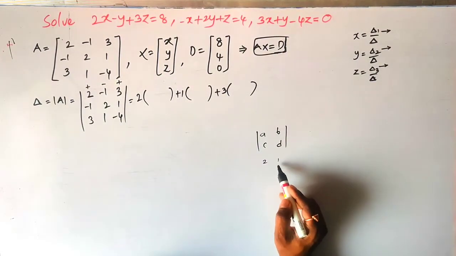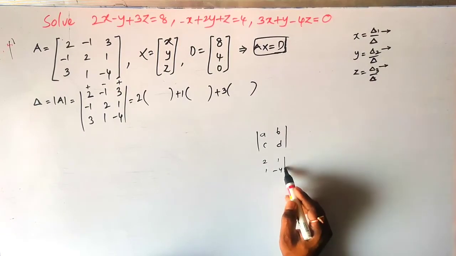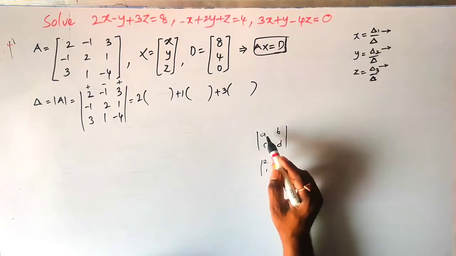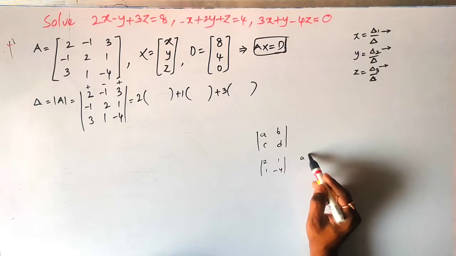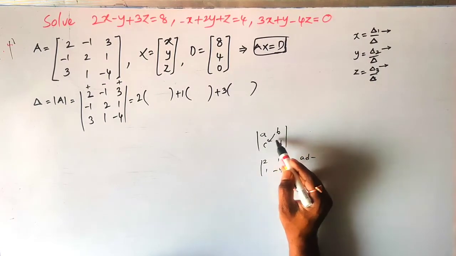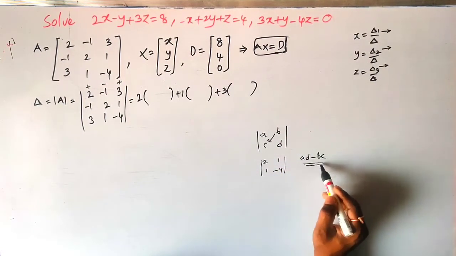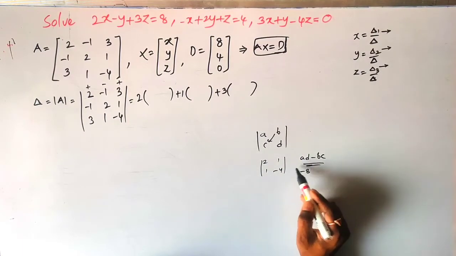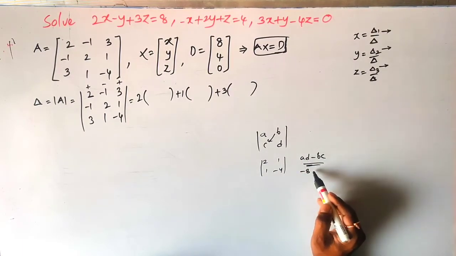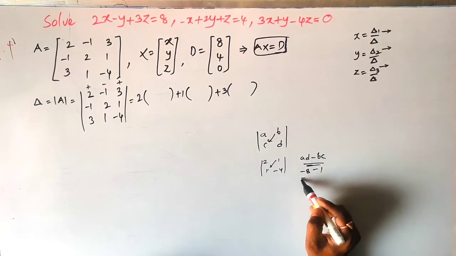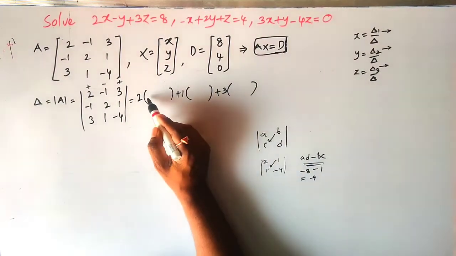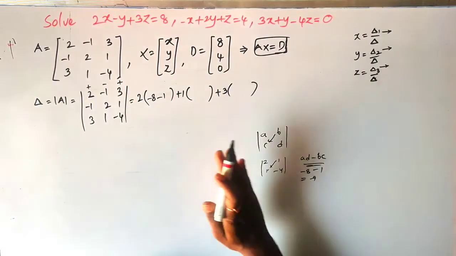AD minus BC is 2 into -4 minus, BC, 1 into 1. So minus 8 minus 1, that is minus 9 we get here.